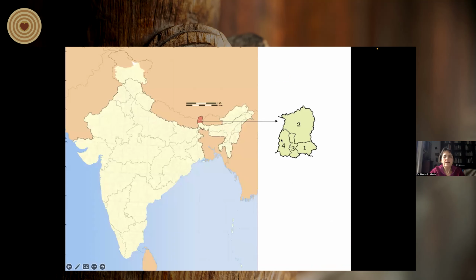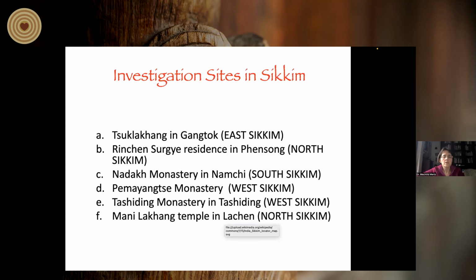And on the right side, you have the four parts of Sikkim. And the investigation sites are maybe 6, and there's 5 temples and one residence in northern Sikkim.